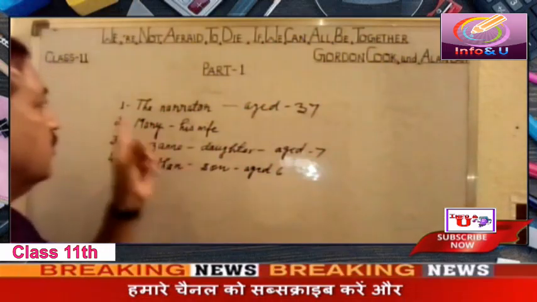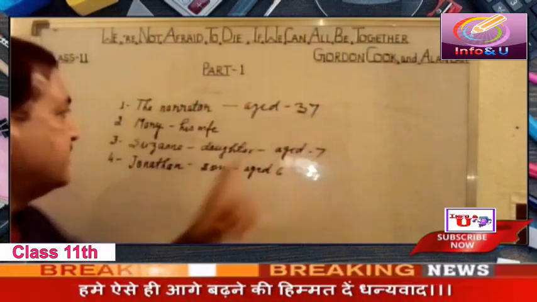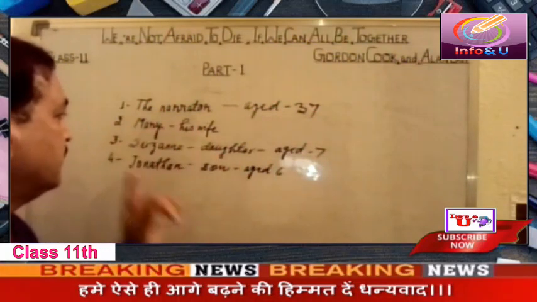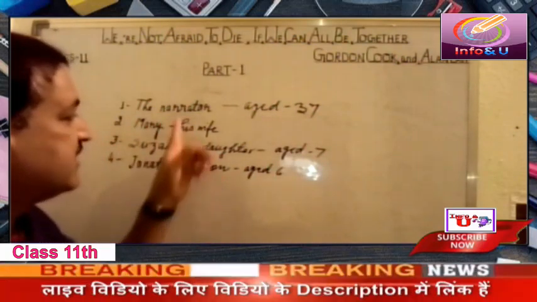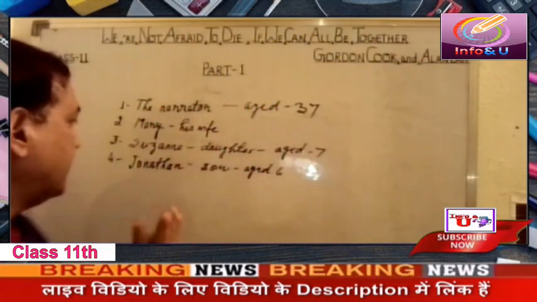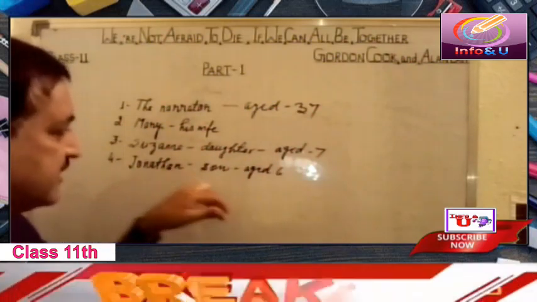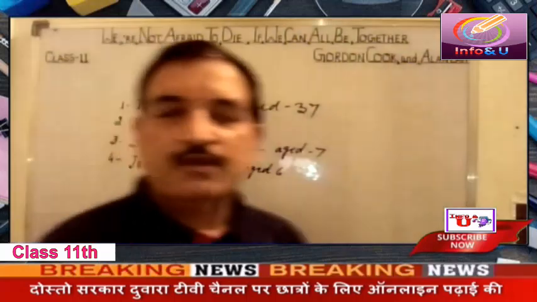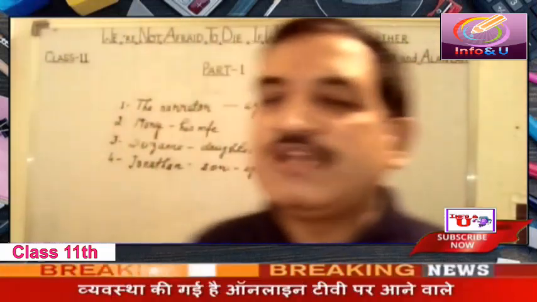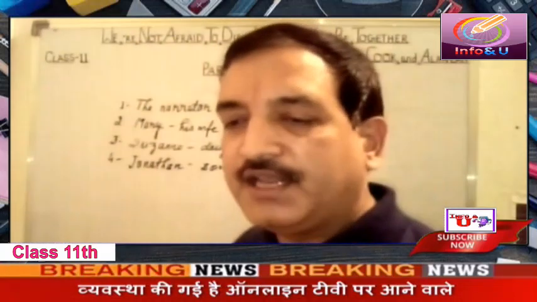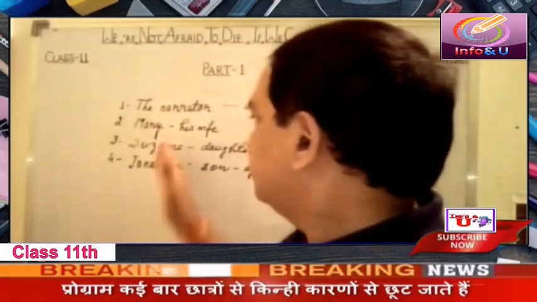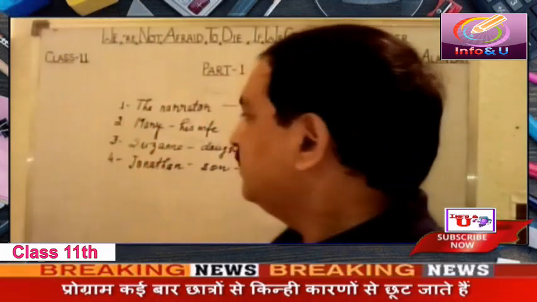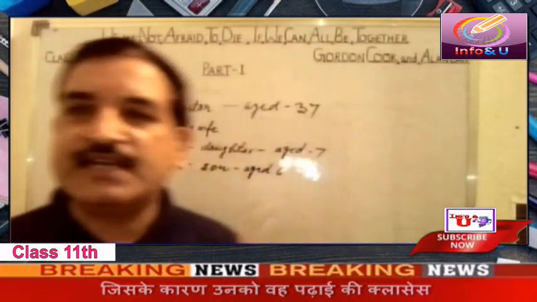As I have already told you, the narrator aged 37, Mary his wife, Suzanne his daughter, means the daughter of the narrator, aged 7, and Jonathan his son, aged 6. His wife Mary means the wife of the narrator, and these 2 members were very eager to go on a voyage, especially his wife Mary.